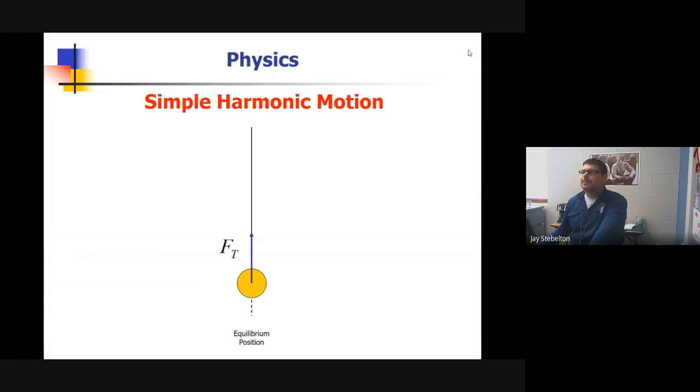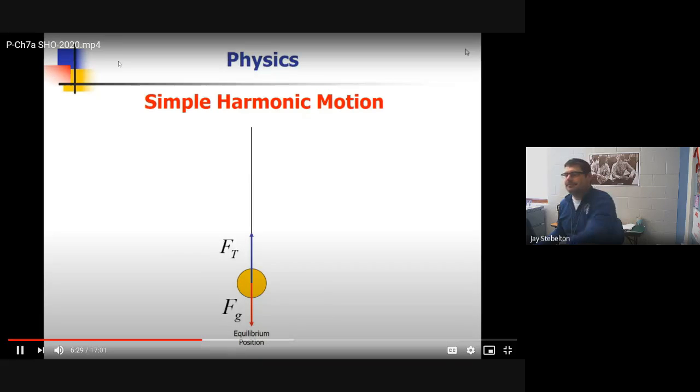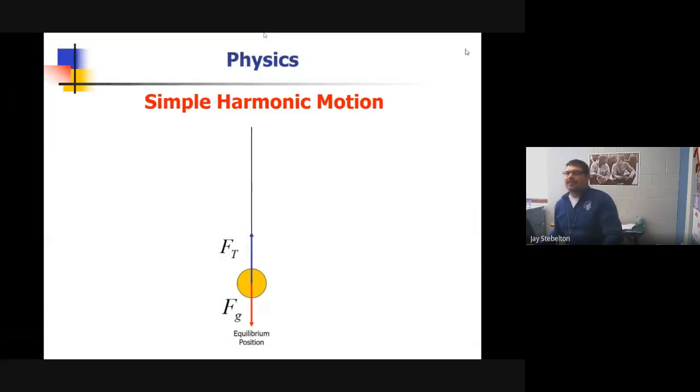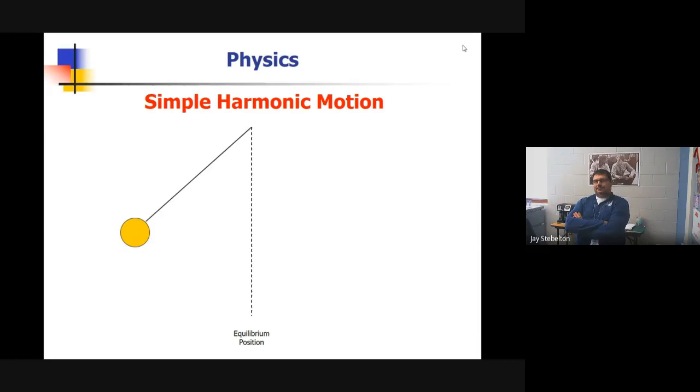First of all, the tension pulling up along the string and the weight pulling down towards the center of the earth. And as long as we don't push on the pendulum, those forces are equal. But I grab my pendulum and I pull it to the left.